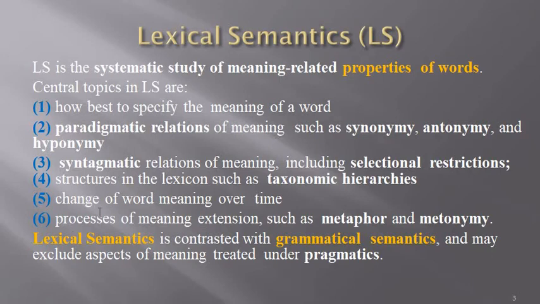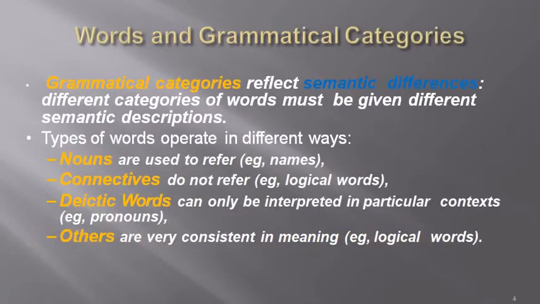So let's talk about the meaning of words, which is the basic purpose of talking about lexical semantics. Words and grammatical categories. When we talk about grammatical categories, which are specifically nouns, pronouns, prepositions, and connectives, these categories reflect semantic differences, because different categories of words must be given different semantic descriptions.